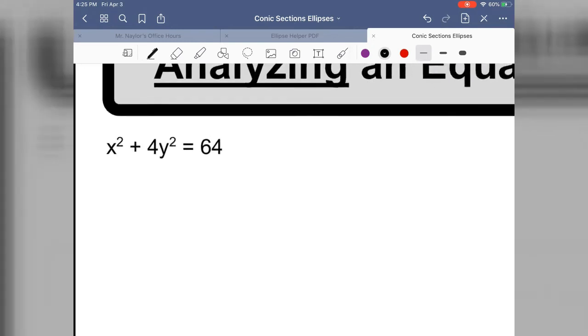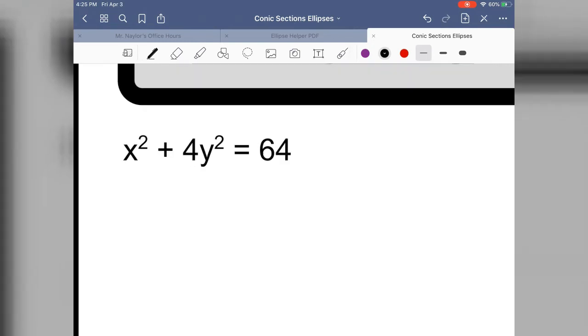Now, the equation that you have here, you might say, well, it doesn't look much like an ellipse. No, that's because it doesn't have the fractions, and it's also not equal to 1, which is kind of where we start. If we just make this equal to 1, well, ta-da, we have some fractions. So we're getting closer to an ellipse.